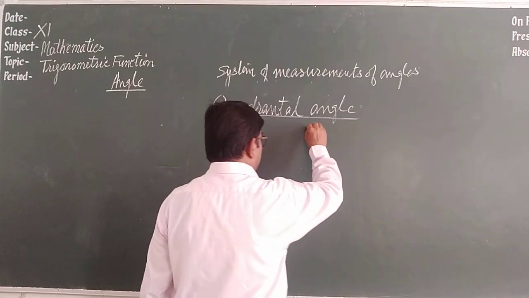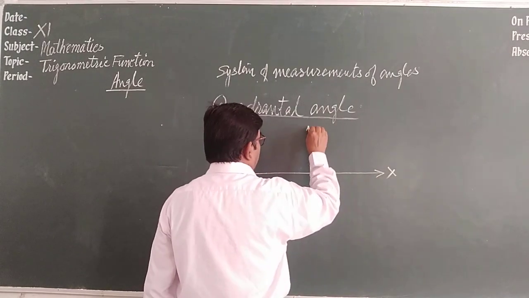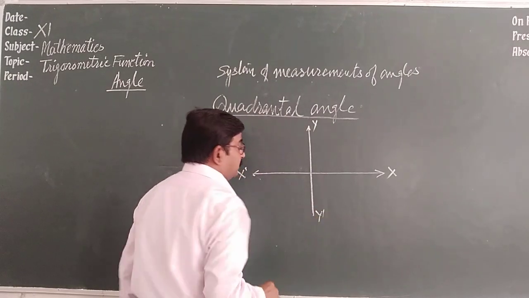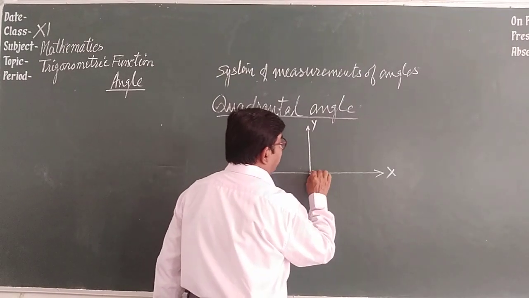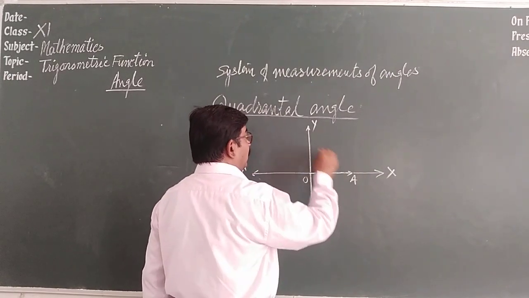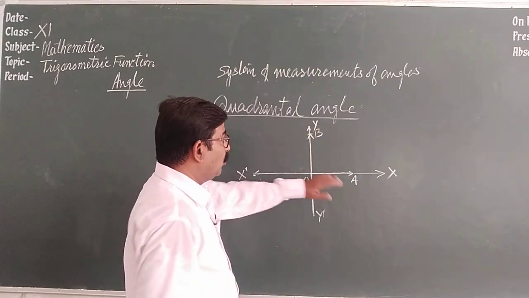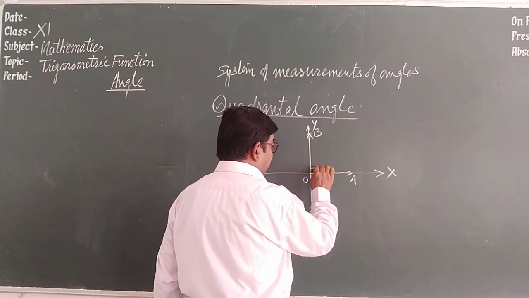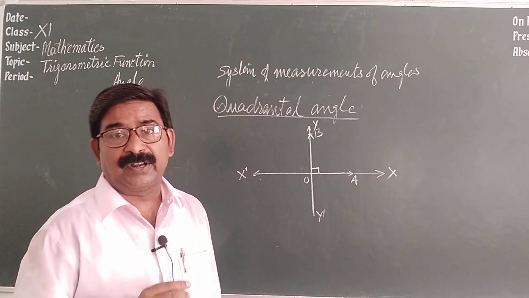Suppose this is x-axis, this one is y-axis, this one is x dash, and this one is y dash. And if a ray, suppose this is OA, terminates from here and comes to this place here at B, means axis to axis. So this angle will be 90 degree, and this angle is called quadrantal angle.